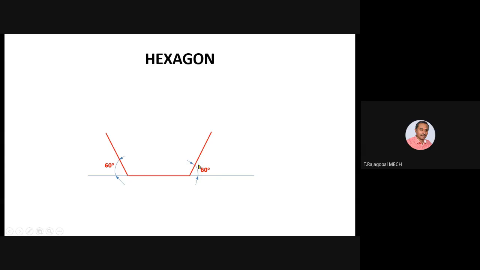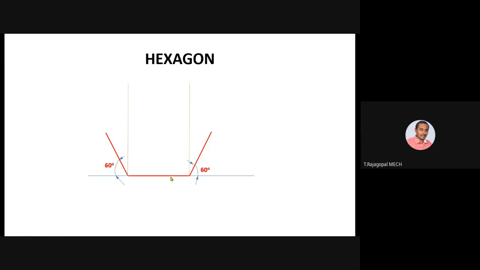Afterwards, you can extend the projectors from these two corners. For example, if it is AB, extend the projectors from the corner A as well as from the corner B, without any specific length.